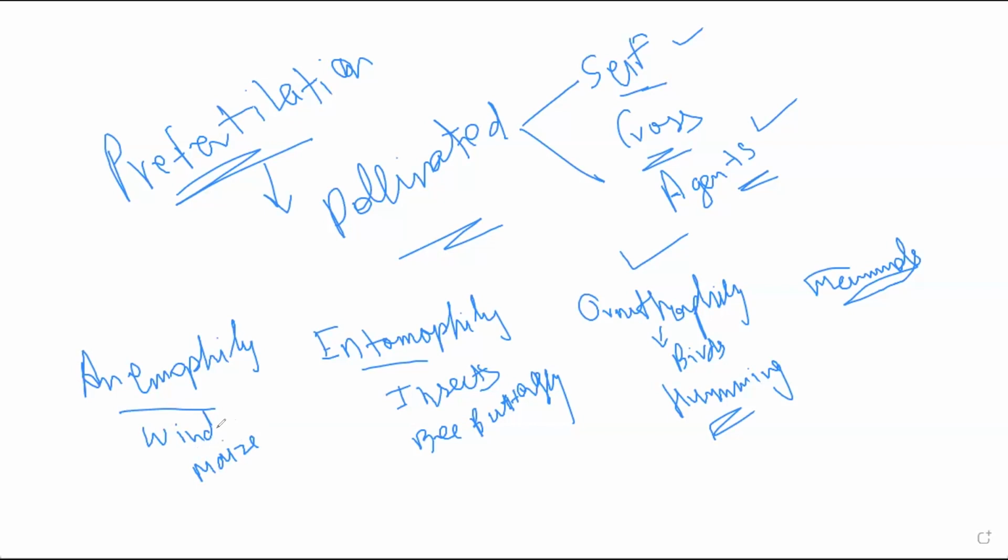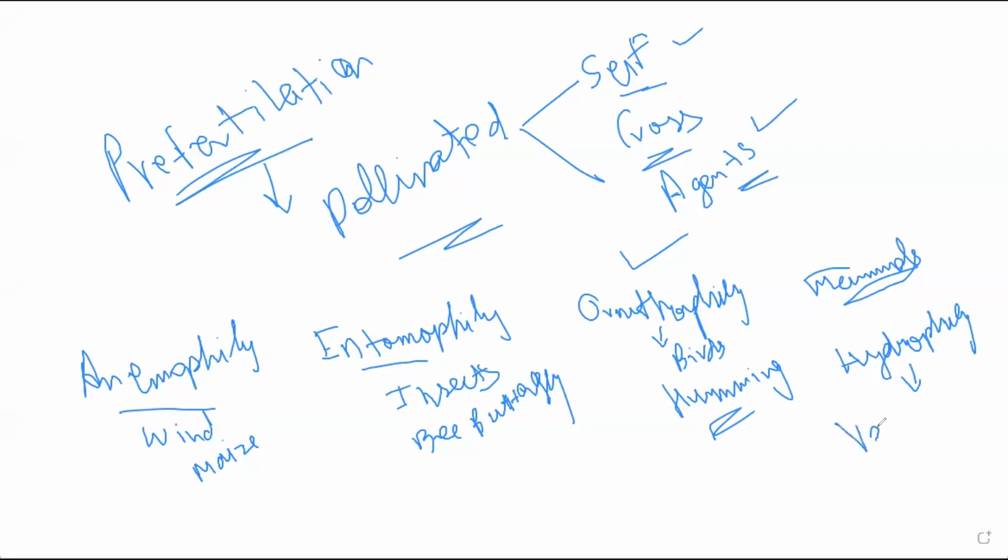One more I want to discuss over here is hydrophily. Now, what is that? When we talk about the term hydro, obviously we are talking about water. So in hydrophily, water acts as the agent. The best examples are Hydrilla and Vallisneria.